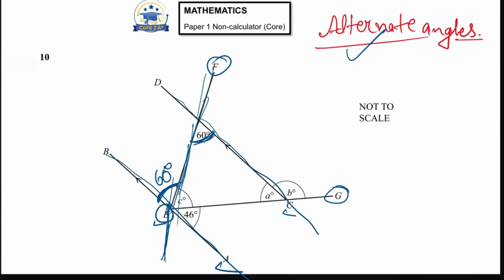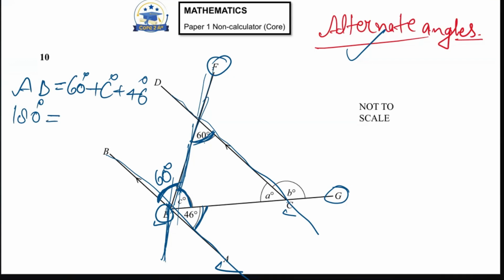Now, AB is a straight line, right? If we add 60 degrees plus C degrees plus 46 degrees, AB is 180 because a straight line makes 180 degrees.